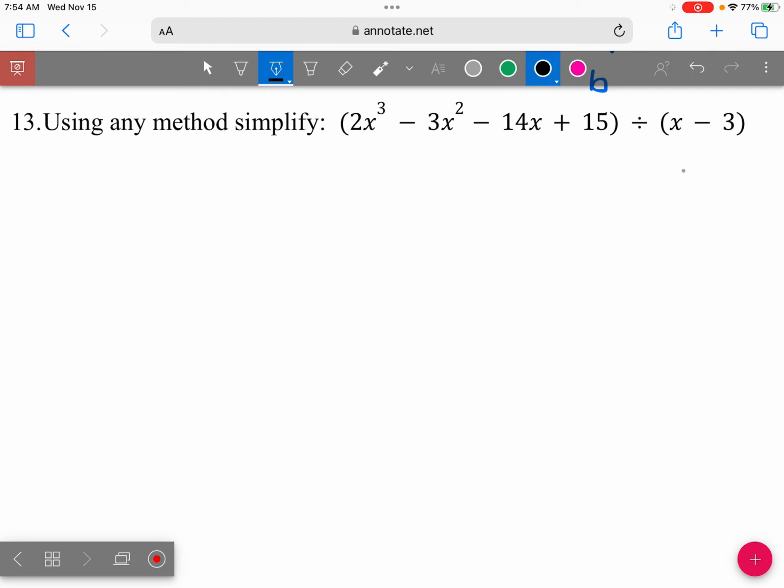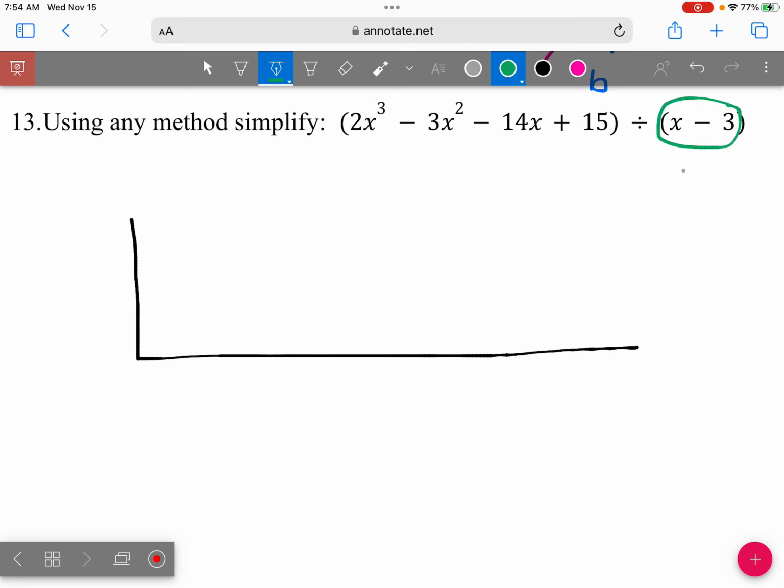So we're going to build this guy out. You can absolutely use long division for it. Totally fine. It will still work. What number is going to go here? 3. It's where this piece equals 0.